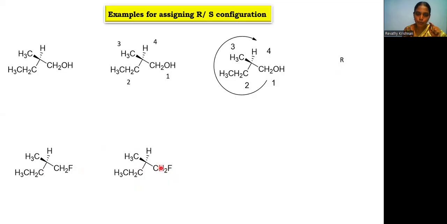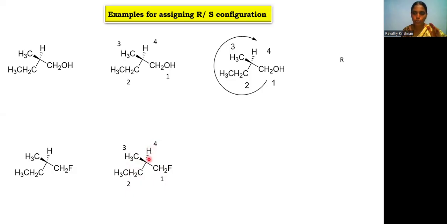When comparing the first atoms, all are carbon atoms, so we are not able to assign the priority. When coming to the second atom, the connecting atoms are 2 hydrogens and 1 F for this substituent, 2 hydrogens and 1 carbon for this substituent, and 3 hydrogens here. So we give the highest priority to this CH2F. This is the second priority. This is the third one.